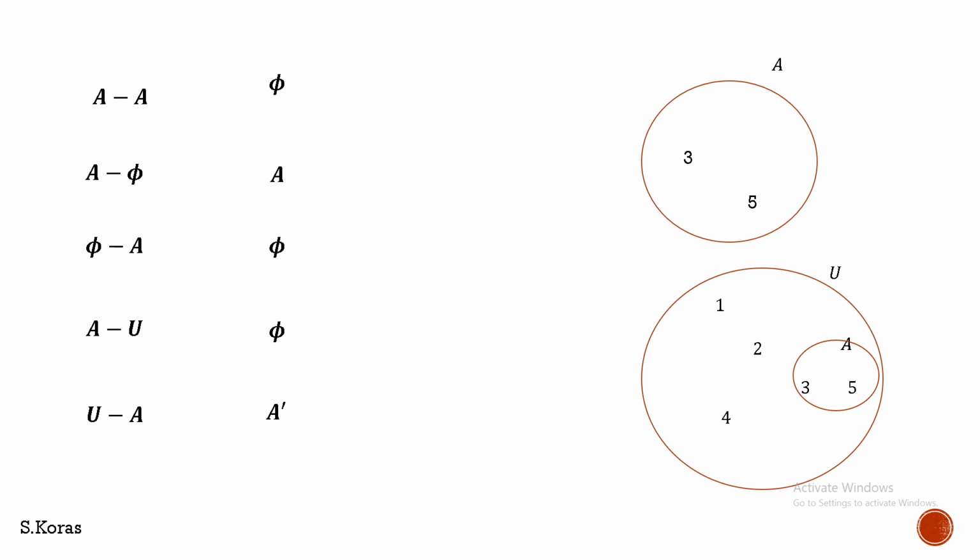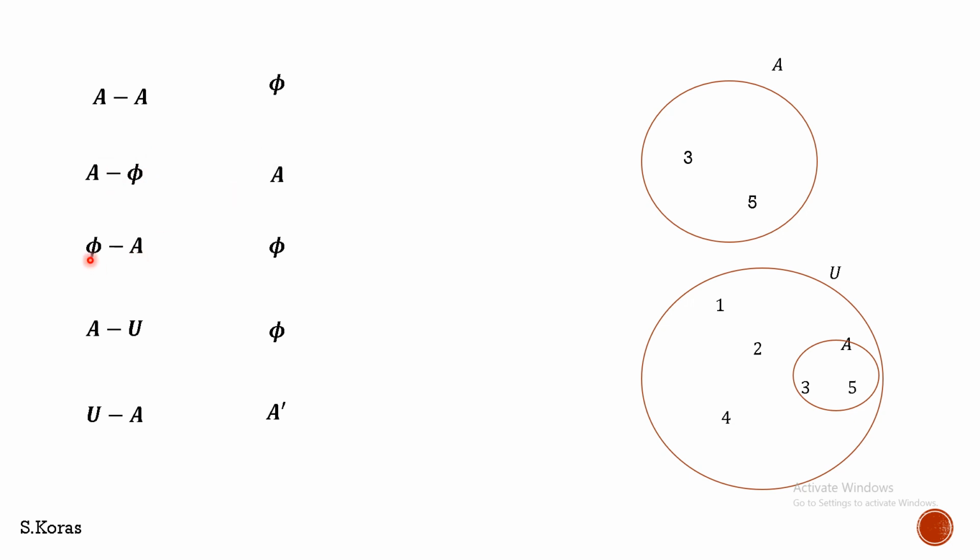So our result will be the empty set. And if from A we try to remove the empty set, that is nothing, so A will remain there. Because from set A, we are trying to remove nothing. That means we are not going to remove anything. So our answer is that same A set.